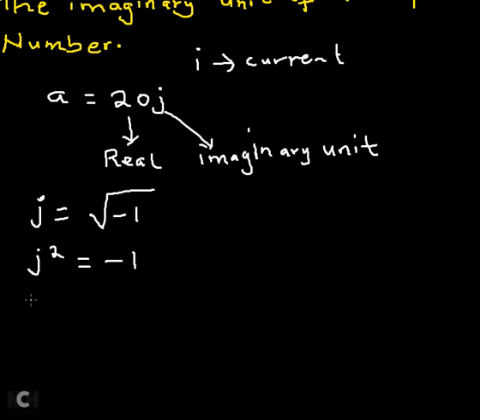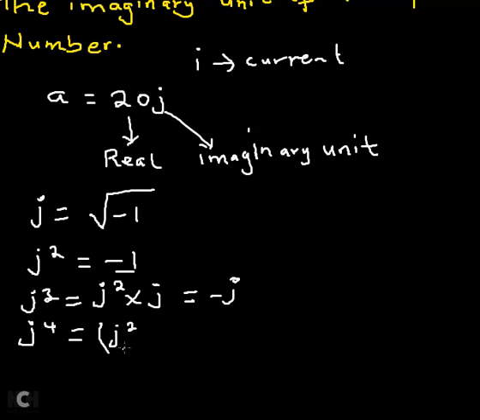If I evaluate J cube, of course, you know what it is. It's going to be J square multiplied by J. Since J square is already -1, I'm going to have -1 times J, which is minus J. If I have J raised to the power of 4, that is J square, then all squared.